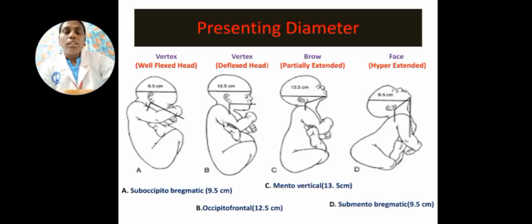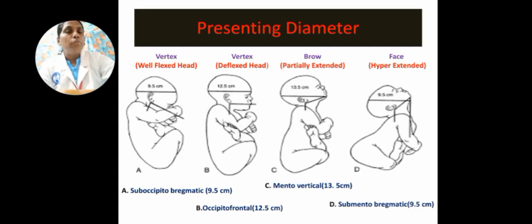The different attitudes of the fetus bring different presenting diameters at the beginning of the mechanism. In a vertex presentation, if the head is well flexed, the suboccipitobregmatic 9.5 centimeter becomes the presenting diameter. In a deflexed head, the occipitofrontal 12.5 centimeter is the presenting diameter.